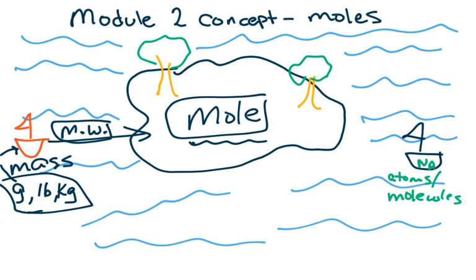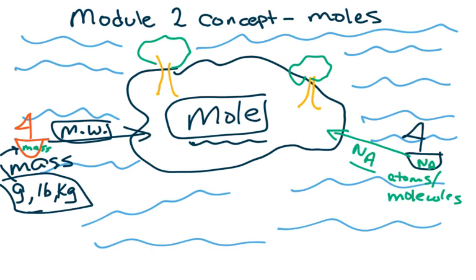This boat over here is the mass boat. I don't have a name for this. I'm not that creative. Okay, so we have a mass boat. We have an Avogadro's number boat, and that too can go to Mole Island. And doing that, we're going to use Avogadro's number as our conversion factor from atoms or molecules to moles.